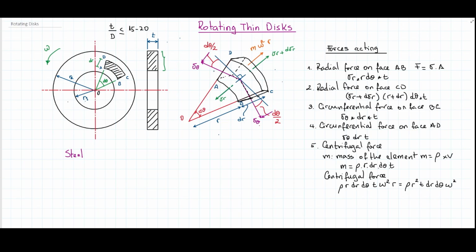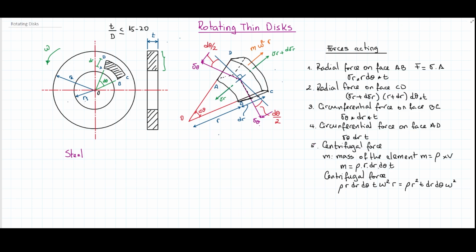But when I use the angle, that is the orientation angle from that circumferential direction to my Cartesian coordinate axis, then I can say that this circumferential stress is basically this stress times the area presented here, but this area here is the r times t. So that's why it is appearing in this way. And it is similar on both sides, meaning that circumferentially, those two stresses cancel out.